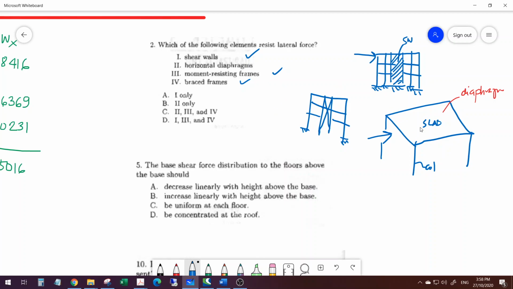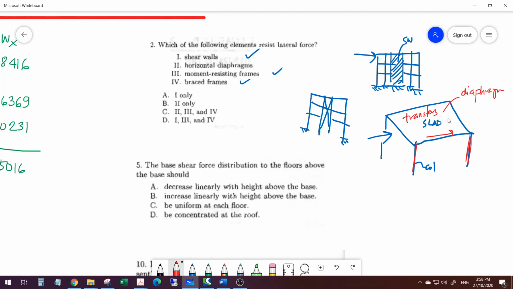Now, for horizontal diaphragm, although it participates in the lateral resisting system, it does not necessarily resist. It only transfers your lateral force from this column going up to this column.